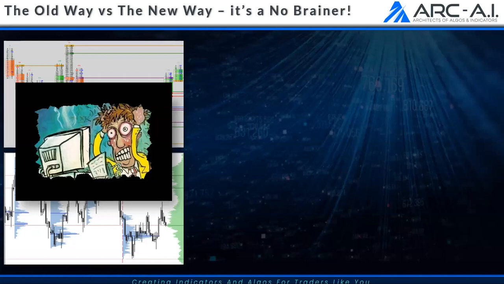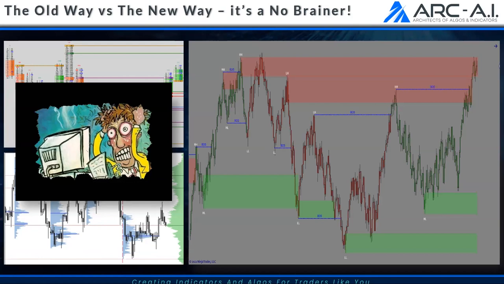I get it. A lot of people think that once you understand what's inside the candles, you've got a better edge. Or once you understand where the banks are doing business with the big volume profiles, you've got a better edge. Yes, you're not wrong, but it's also really hard. And my job today is to remove that level of complexity and simplify down to a much cleaner chart and give you a better read of what's happening.